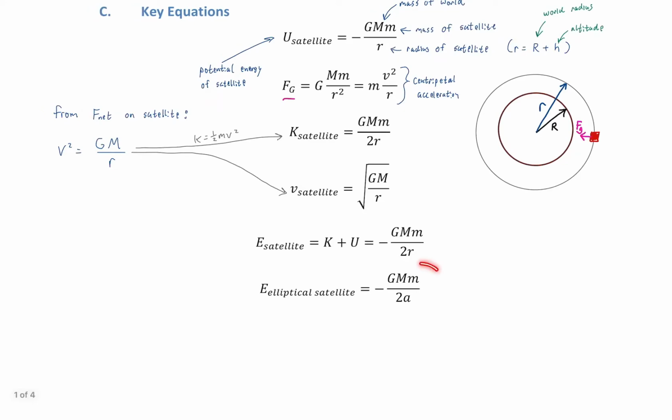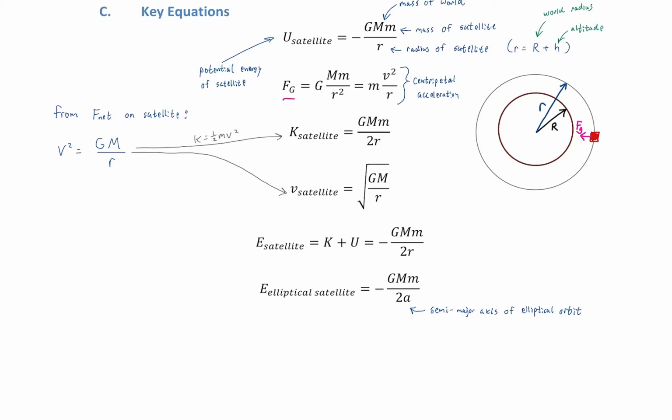And an interesting similar expression to the total energy of a circular orbit is the total energy of an elliptical orbit. And what's nice about it, and this is really the way we're going to use it, we're not going to get too much into ellipses. I'm not going to cover Kepler's 3 laws, in particular Kepler's first law that really defines exactly how we should think about an ellipse.